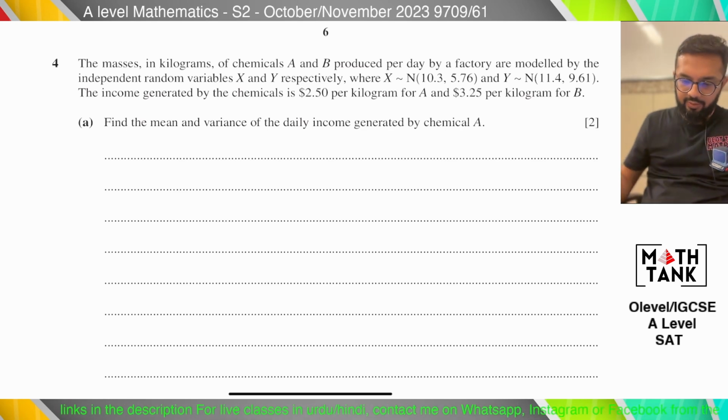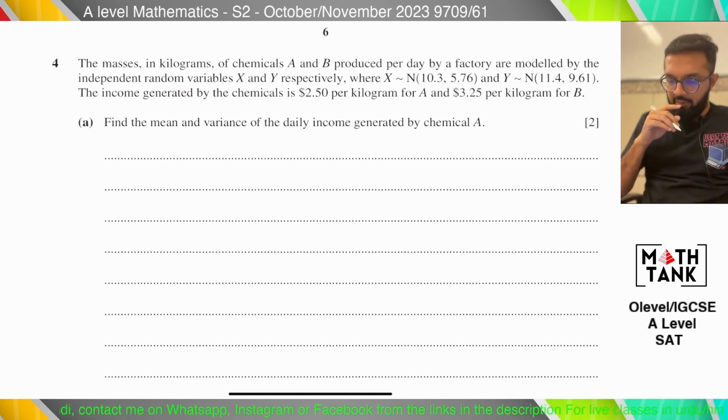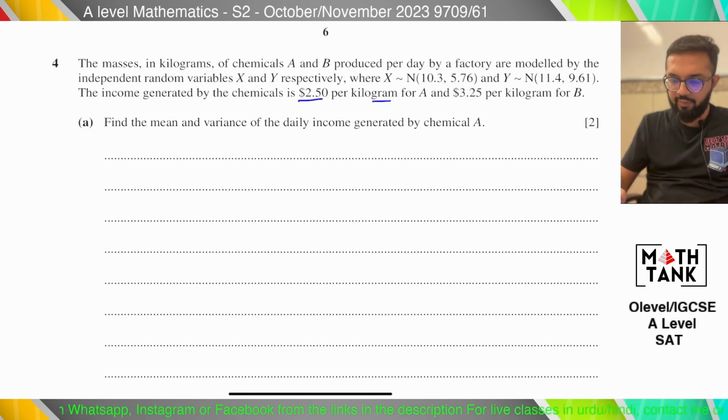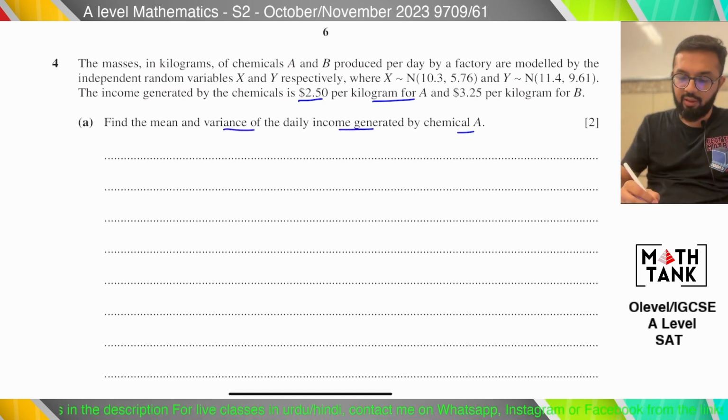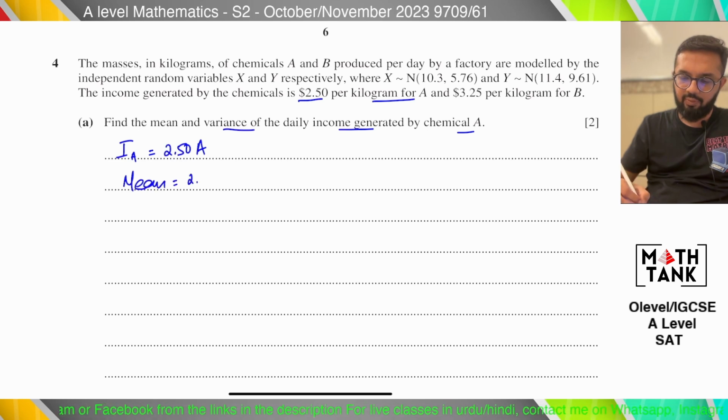Okay, question number 4 says the masses in kilograms of chemicals A and B produced per day by the factory are modeled by this. The income generated is 2.50 per kilogram for A and 3.25 for B. Find the mean and variance of the daily income generated by chemical A. So income from A is therefore 2.50 times A. So the mean is going to be 2.50 times 10.3.